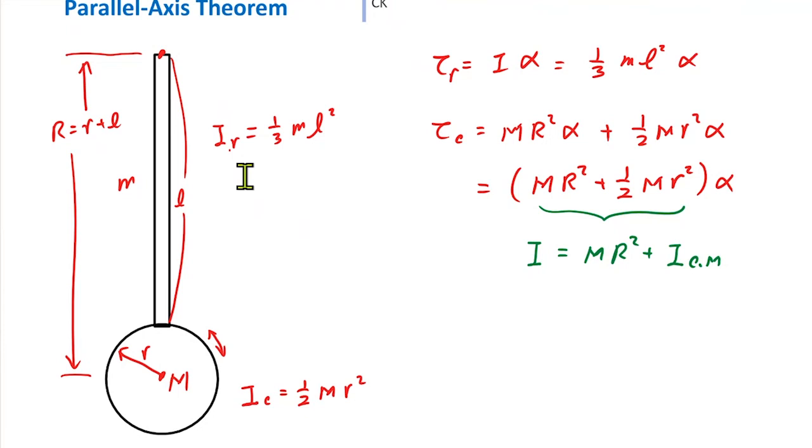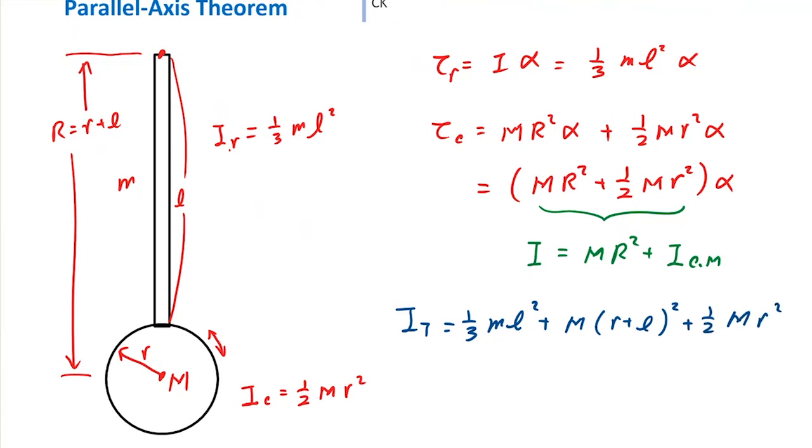So just the grand finale: the total moment of inertia is equal to 1/3 m L squared plus this thingy, M r squared, and r, remember in our case is this, plus 1/2 M r squared. It's the total moment of inertia, because we are using this relationship, torque is equal to I alpha.